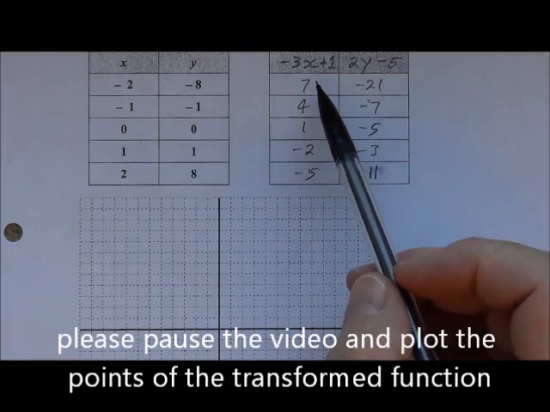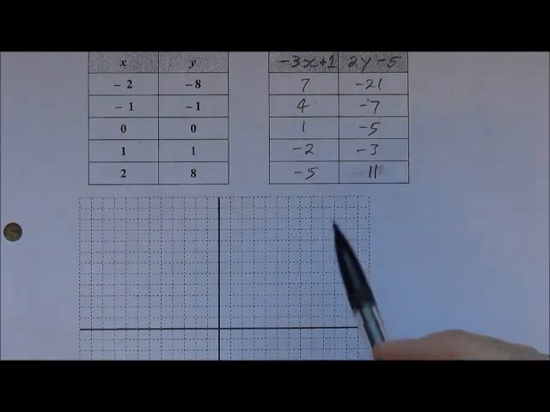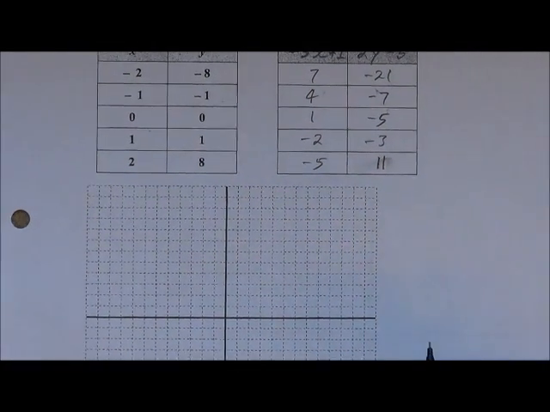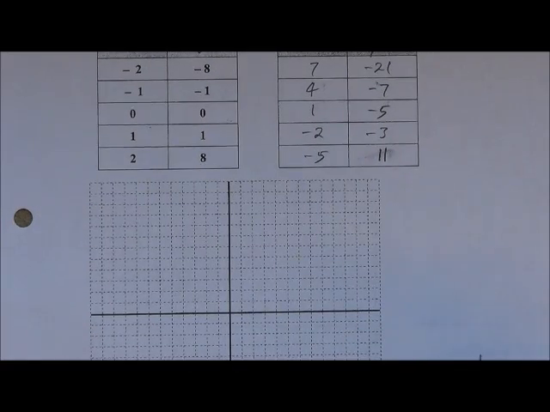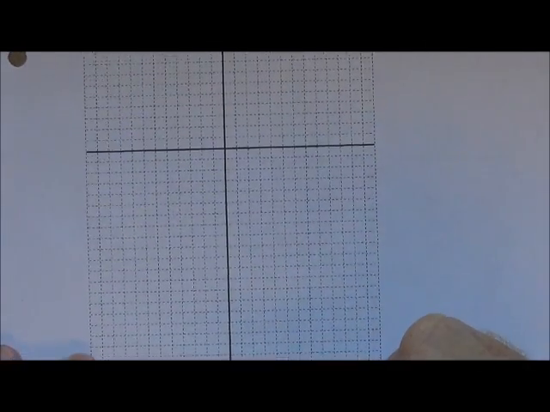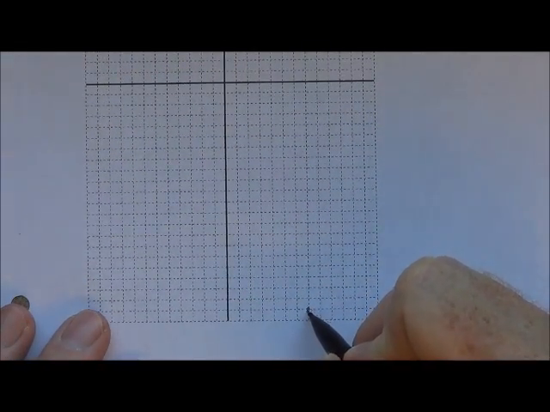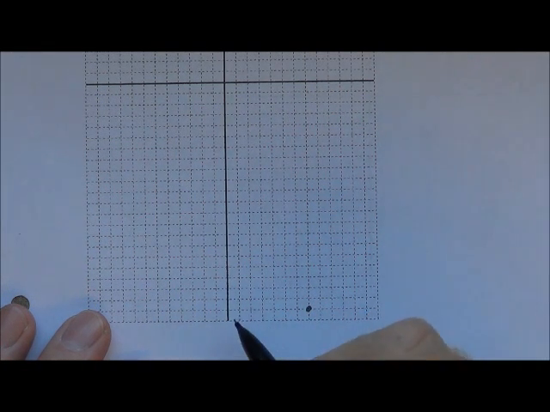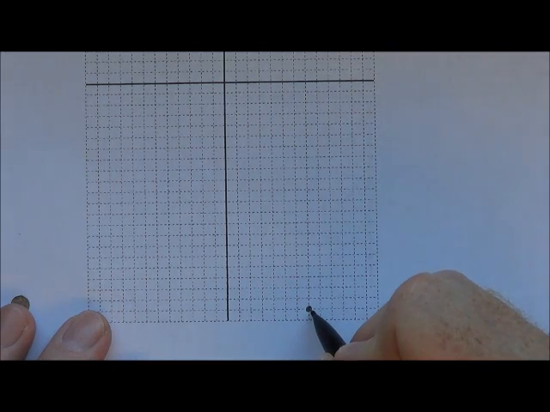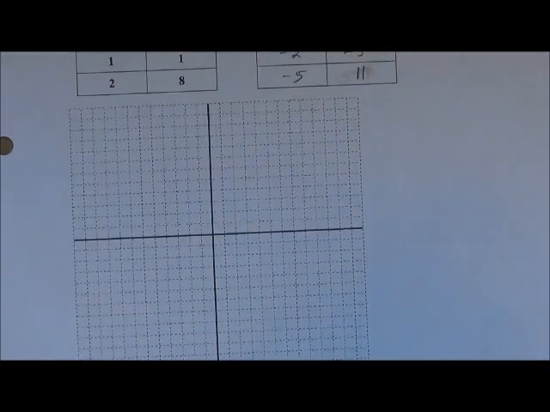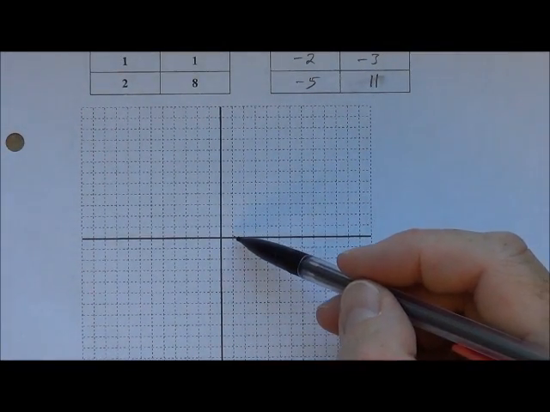Okay, so 7, negative 21. So go ahead and please plot these points, and I will also plot them as you. Okay, so there's a point 7, negative 21. Then we'll go to 4, negative 7.